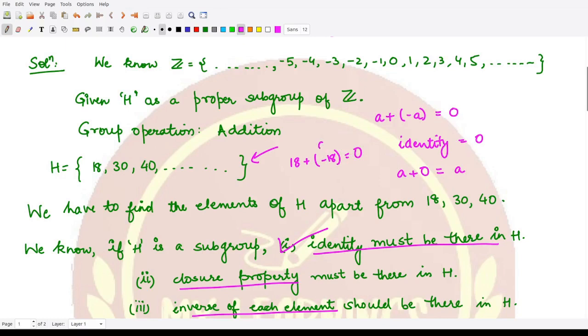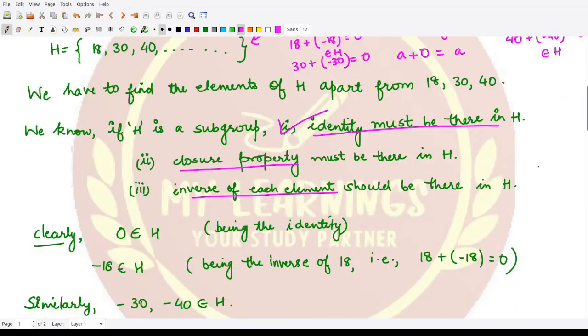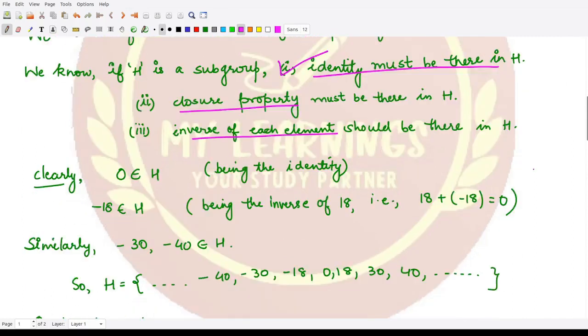So minus 18 should also be present in your H. Similarly, for 30, you add minus 30 to get back the identity element, so this should also be there in H. Similarly, for 40, when you add minus 40 you get back 0, so minus 40 should also be there. So at least this is our H.